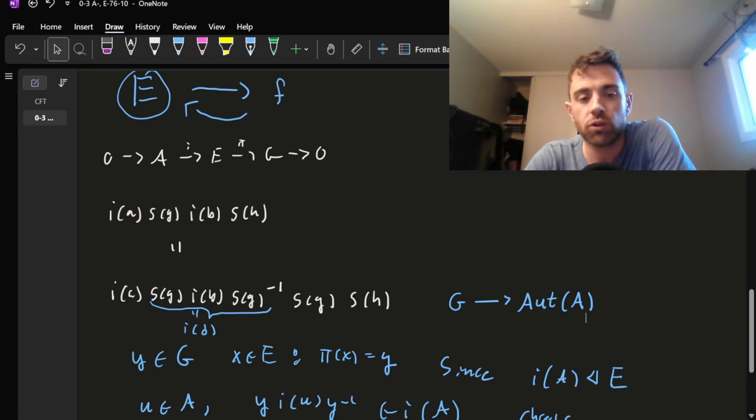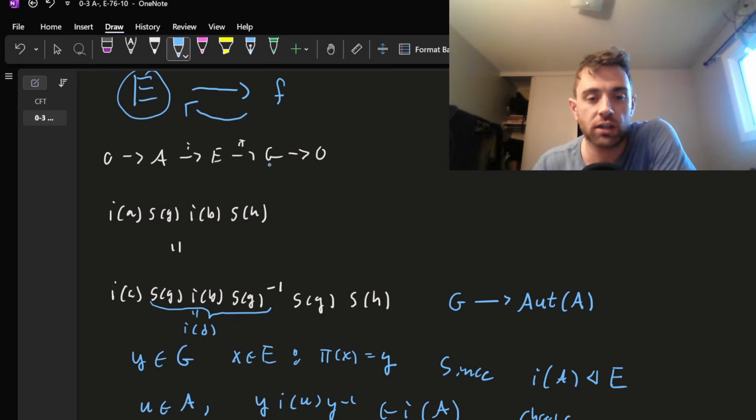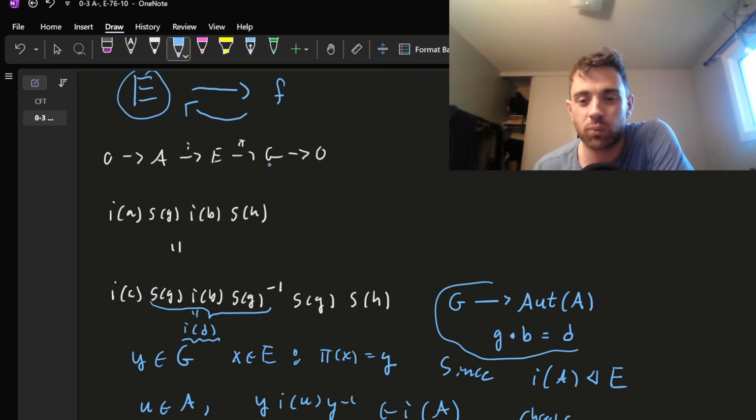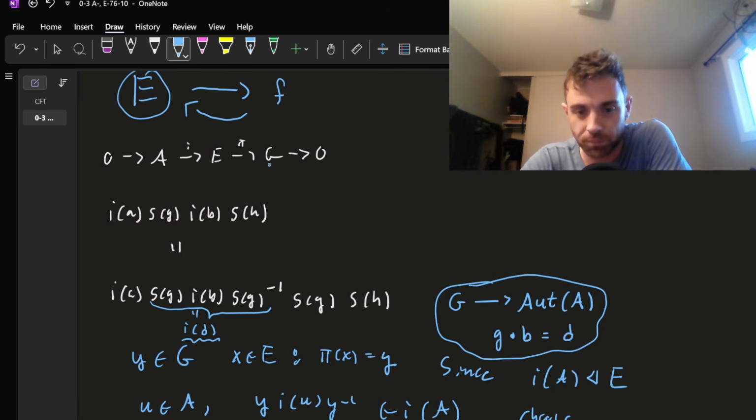And so essentially what I'm claiming is we're getting a new action here. So I can define the action of G on B to be this D that we get out of it, right? So essentially I'm saying that we still get this out of the story as before.